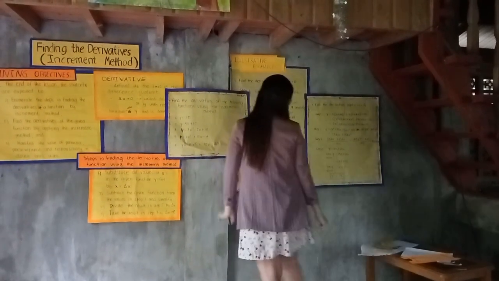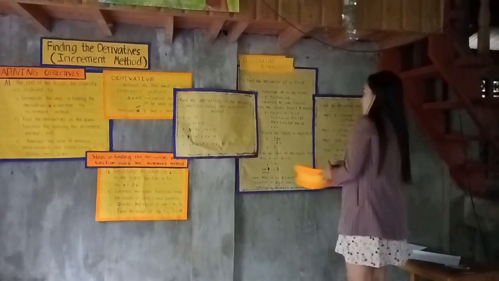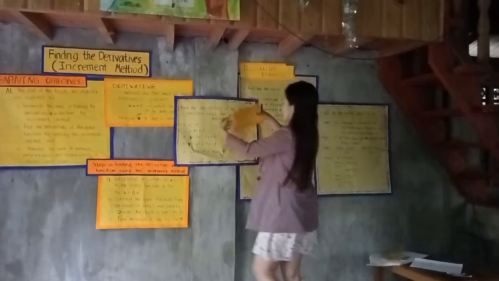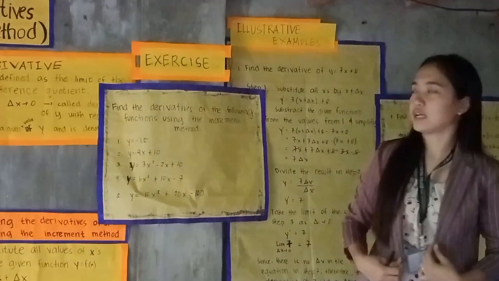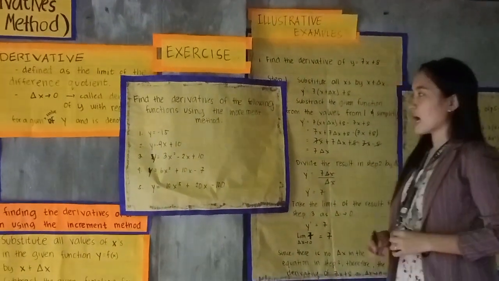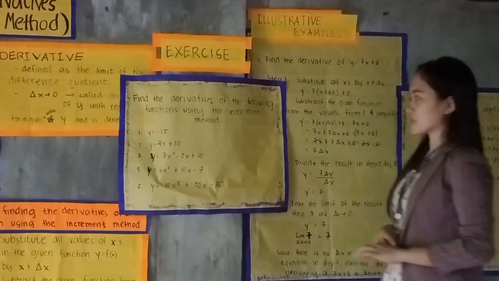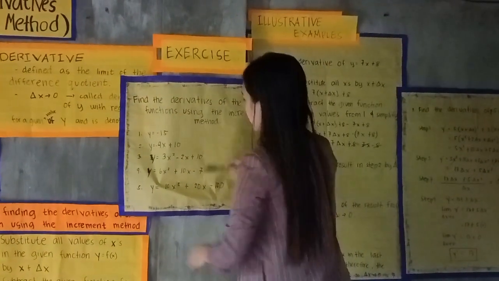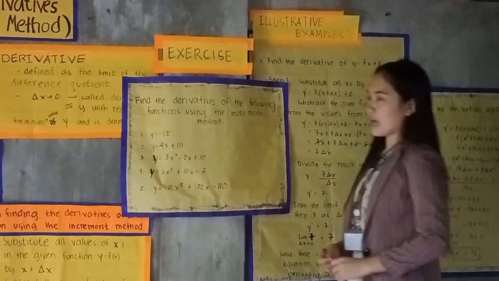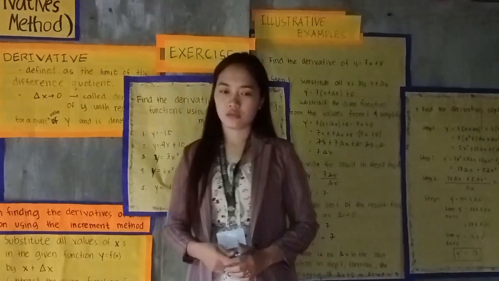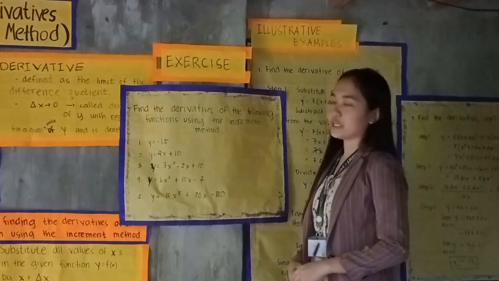This is to test if you understand my lesson today. Since we have only 20 minutes left, I will give you 15 minutes to answer the 5-item exercise. After that, you will pass your paper in front.